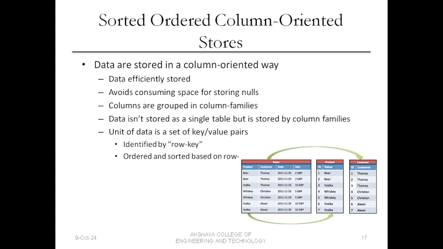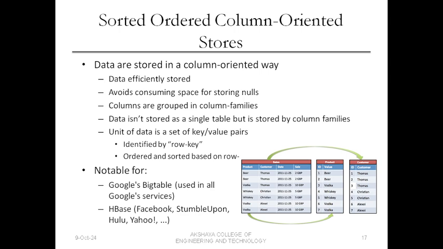So the unit of data is a set of key value pairs. Here the group of columns is named with a single key, which can be accessed or distributed based on the key that is assigned. So this is what is being used in Google's Bigtable, and HBase is a column oriented database.